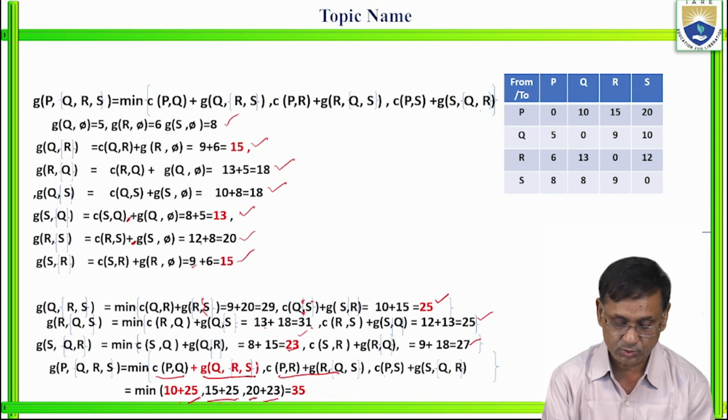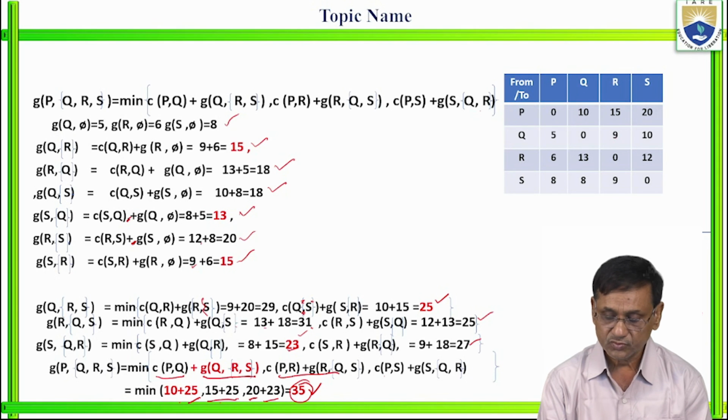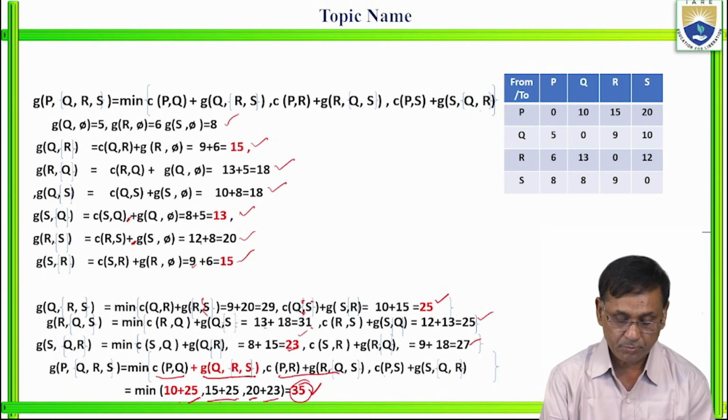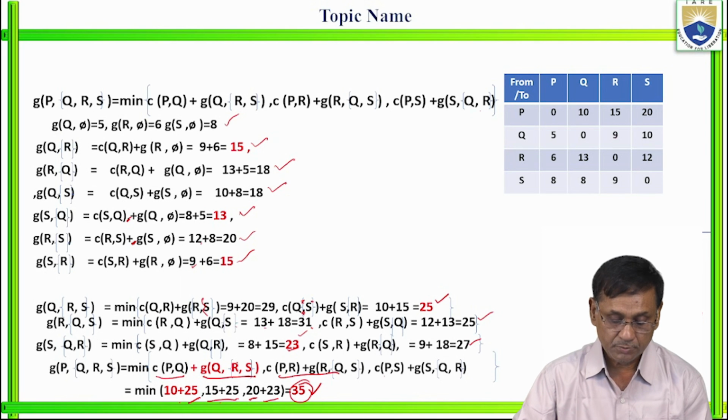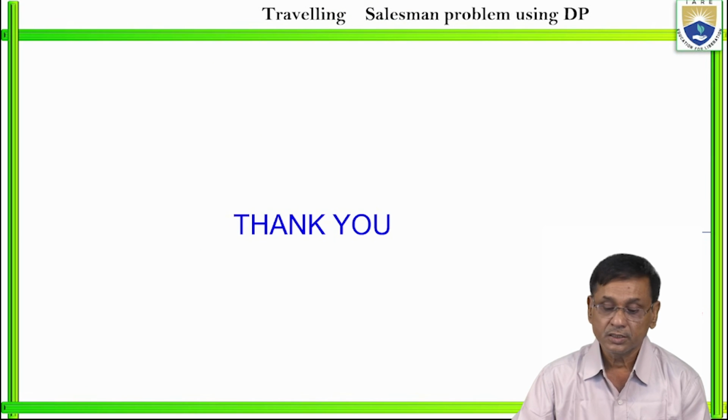The minimum value is equal to 35. So among 35, 40, 43, this minimum we selected, so this is the path. The path is equal to P to Q, Q to R, R to S, S to P. That is the route.